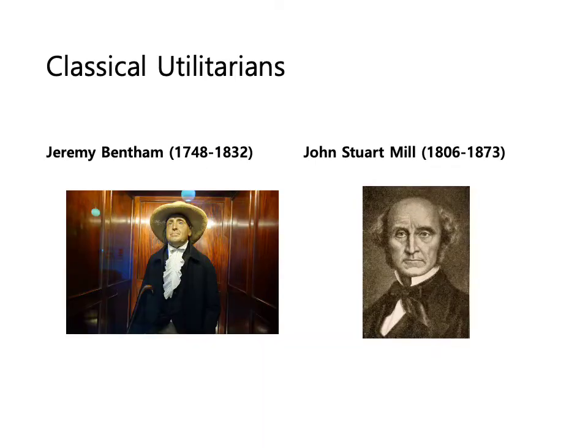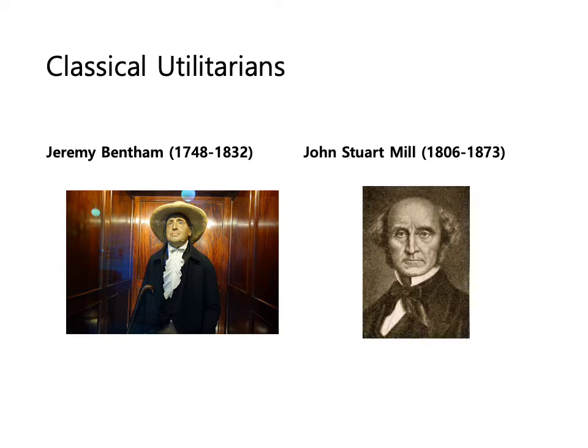There are many different types of consequentialist moral theories, but in particular, we want to study utilitarianism. And again, there are many different utilitarian theories out there, but in order to get a feel for what utilitarianism is, the best place to start is with classical utilitarianism.